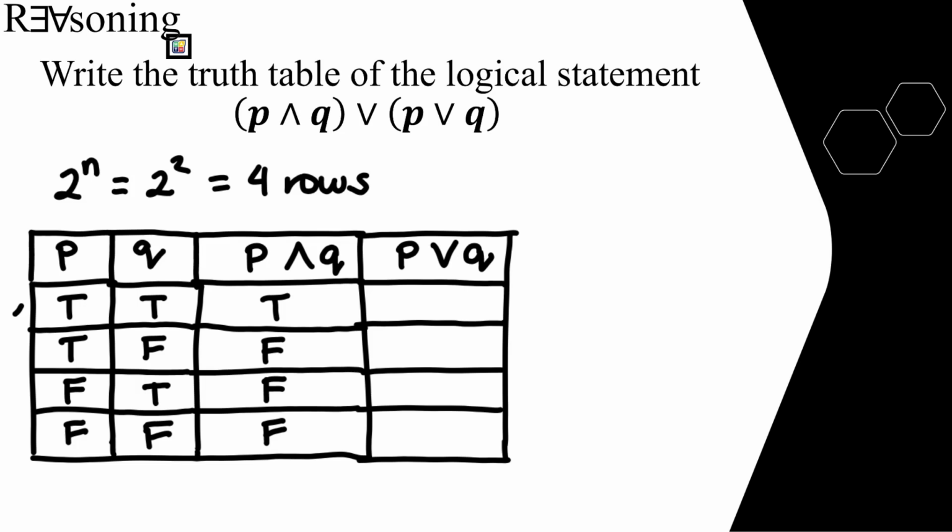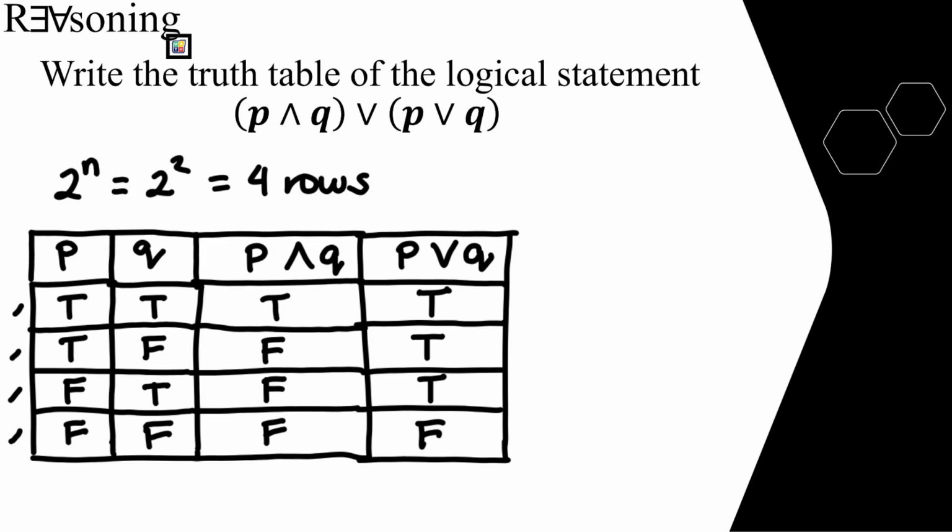I'm talking here about the first row. Since they are both true, this is also true. For the second row, true or false, since one of them is true, automatically your disjunction is also true. Similar here, false or true, this is true. But when we have false or false, automatically the disjunction would also be false. That is the truth table for disjunction.